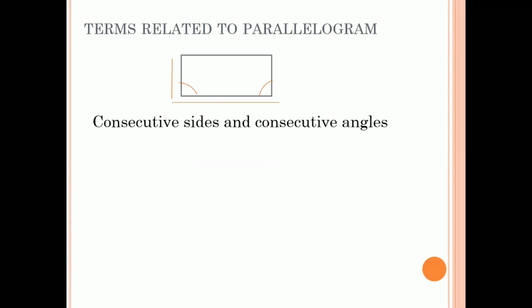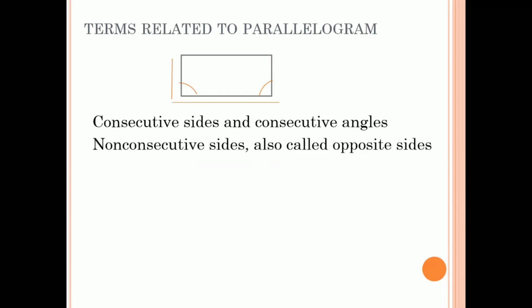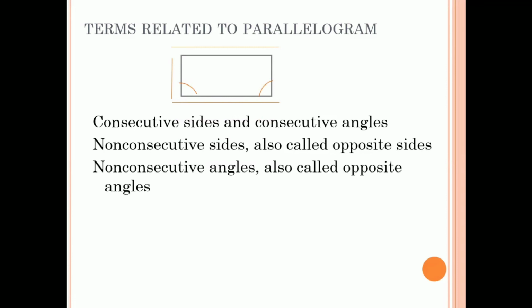That is an example of consecutive sides and consecutive angles. The non-consecutive sides are also called opposite sides. So a side and its opposite side are non-consecutive sides. The non-consecutive angles are also called opposite angles.